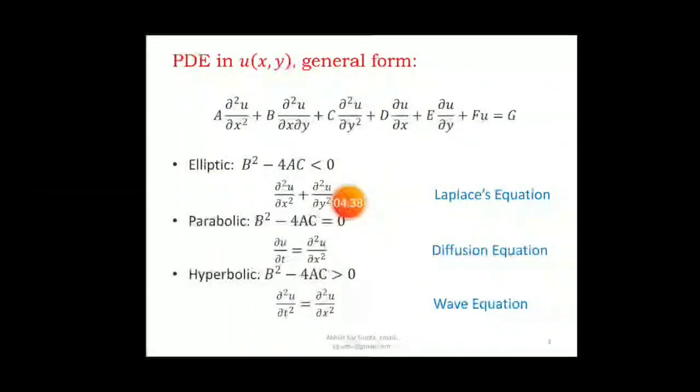All of this is up to the UG curriculum. Whatever kinds of differential equations we have encountered in physics fall into these three categories. In Laplace's equation, there are derivatives in space, ∂²/∂x² and ∂²/∂y², no time, in 2D.